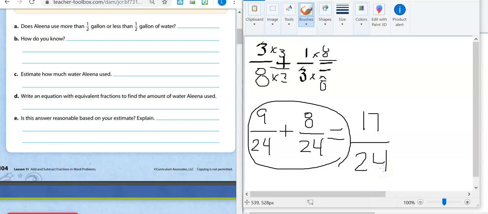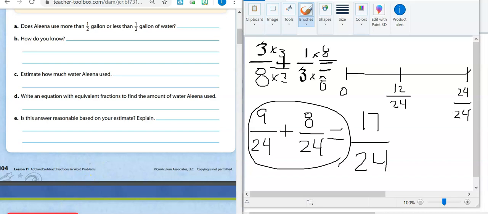So now we need to see, is my answer that I got, 17 over 24, reasonable based on what we estimated? So let's go ahead and draw a number line. All right, boys and girls, so let's look at the number line that we have drawn. The estimate that we said our answer will be between 1/2 and 1 whole gallon.